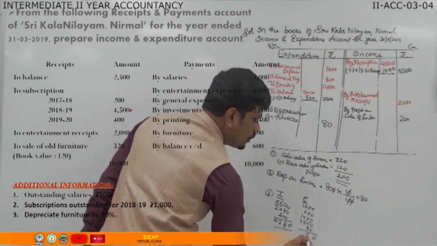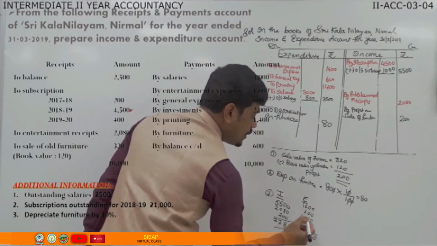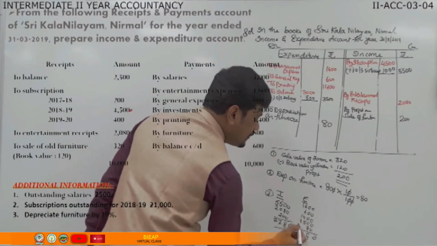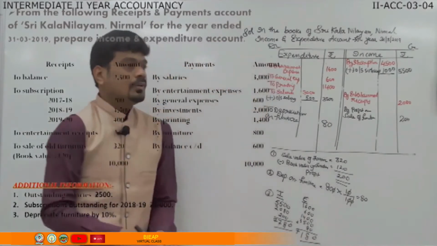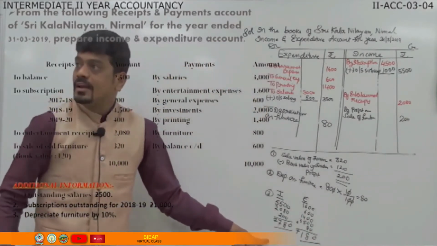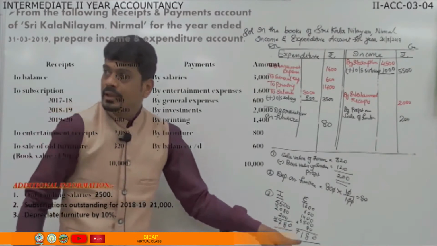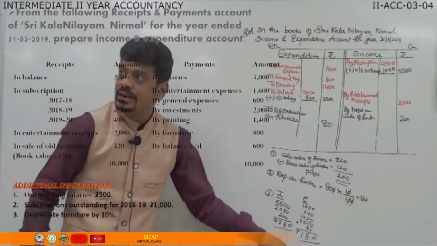So 0, 8, 6, 6, 12, 12 plus 4, 16 plus 5, 21, 5, 6, 7. Now, income total is 7,780. Expenditure total is 7,180.